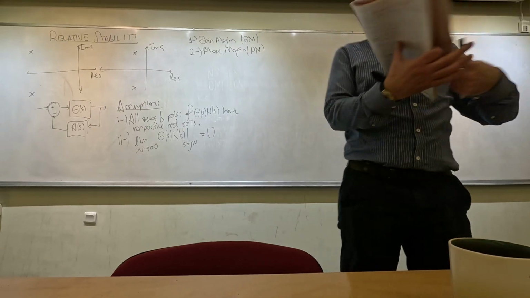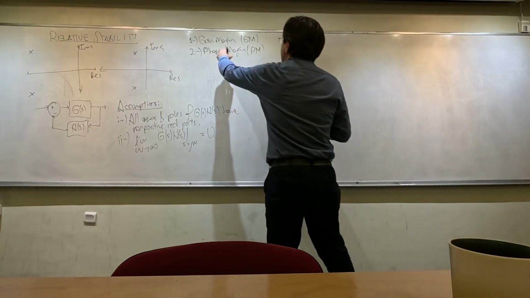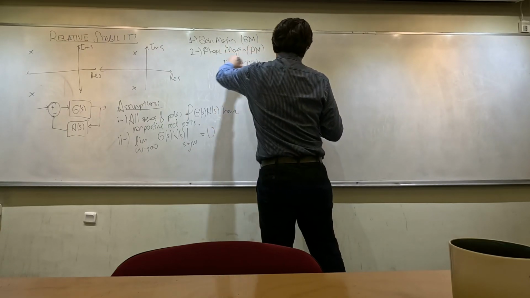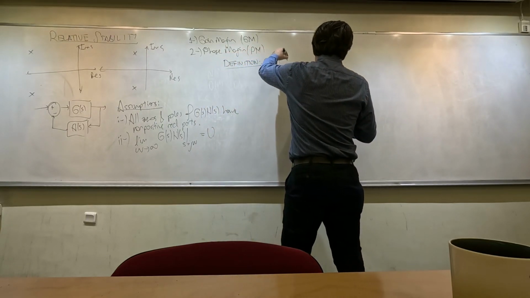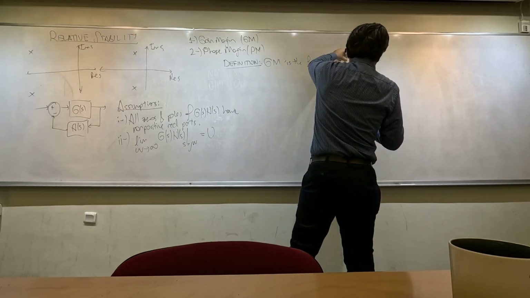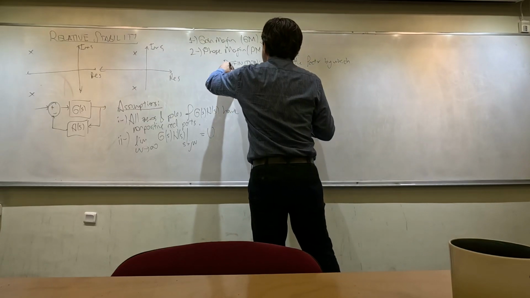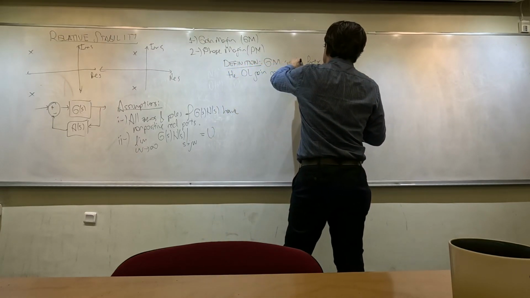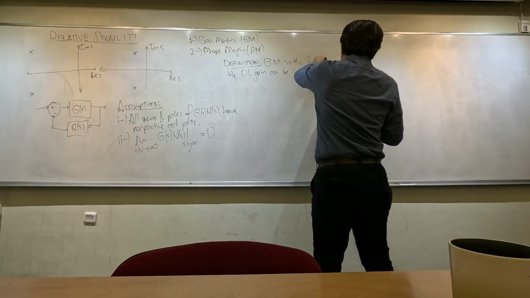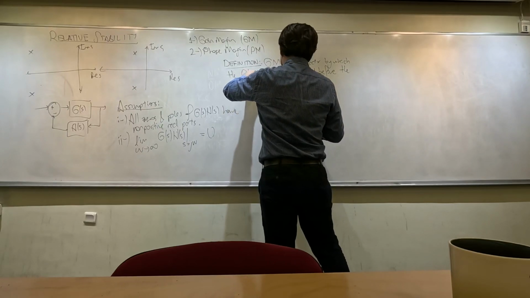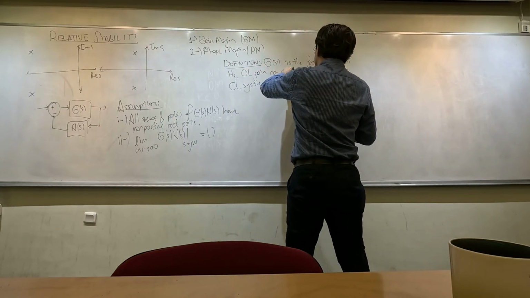So now let us start with the gain margin definition. Gain margin is the factor by which the open loop gain can be increased before the closed loop system becomes unstable.